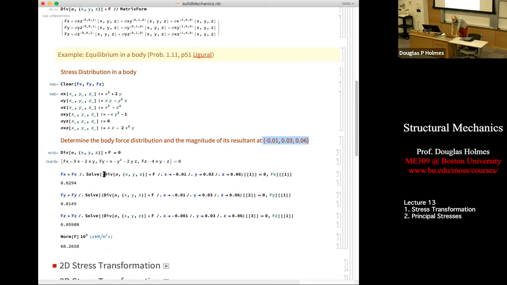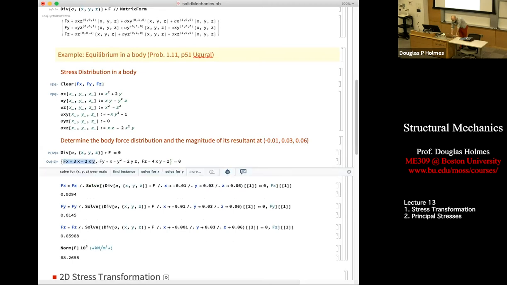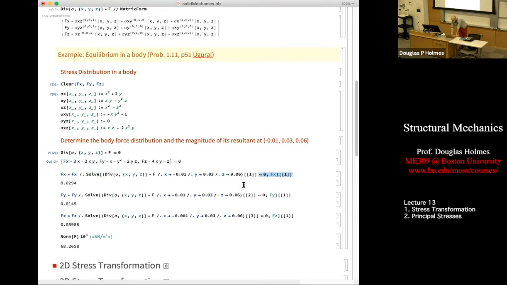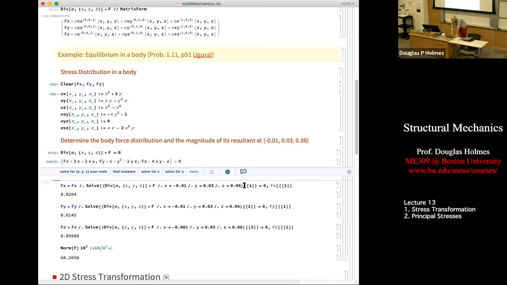So here's what I'm doing. I take the divergence, input this stuff for x, y, and z. If I want to find fx, I just need this first equation. That's what this says.